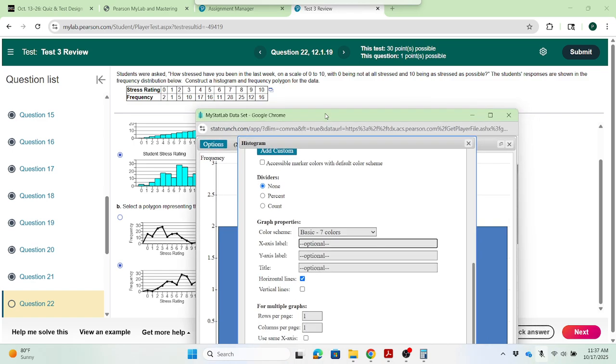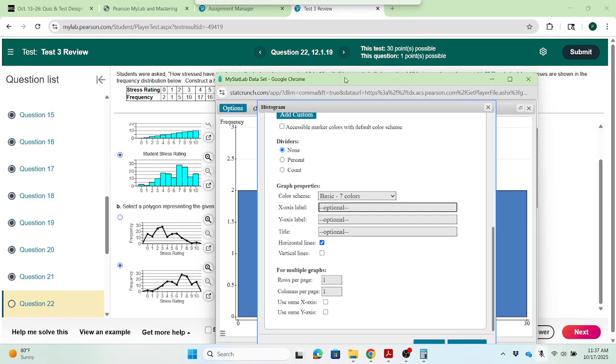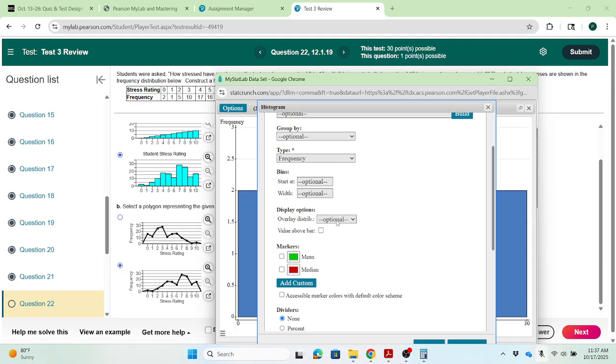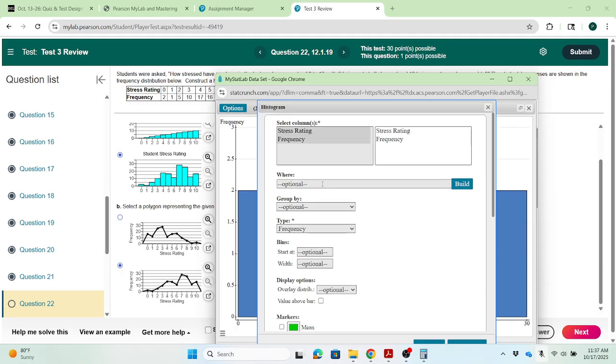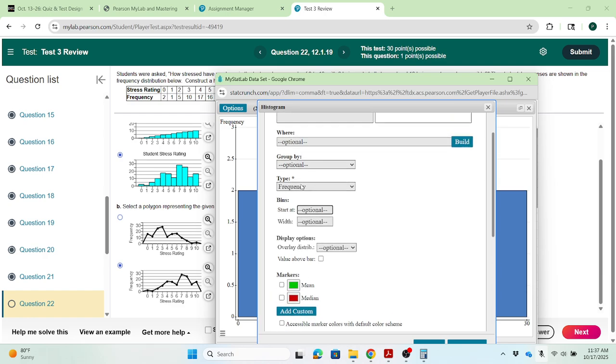You can always use this histogram tool in StatCrunch for finding the right one. For the Y scale it's 10, and for the X scale it's 1. Graph properties, scale, I am looking for scale. Type, frequency distribution, relative frequency, no, it's frequency.